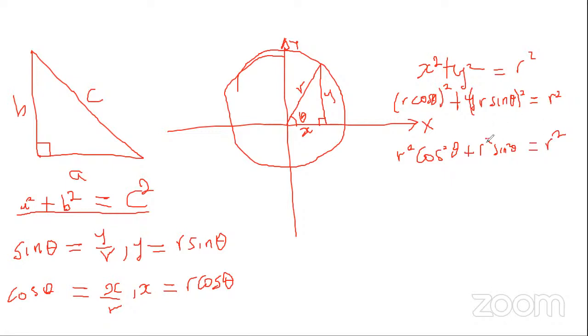Here we can see that r squared is common, so we divide by r squared. This gives us 1, and the r's all disappear, and we remain with cos squared theta plus sine squared theta is equal to 1.